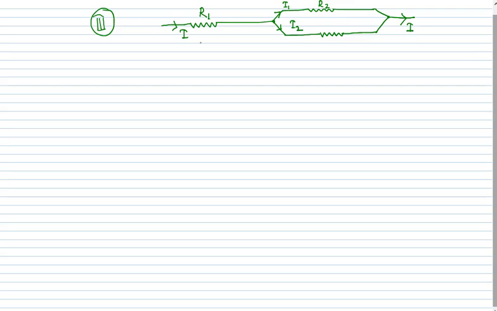So we want to calculate the total resistance for this combination and this total resistance we call R equivalent. So R equivalent is equal to, this is the equivalent for all the three resistances, so we call it R equivalent of 1, 2 and 3.